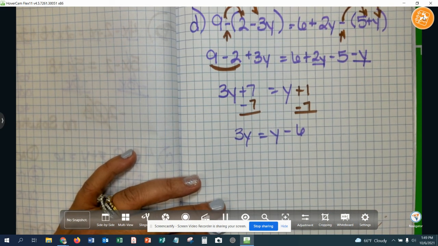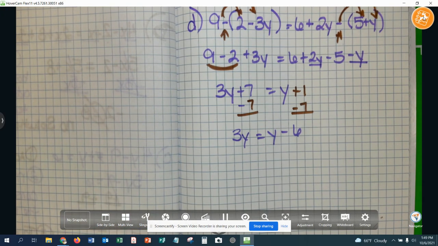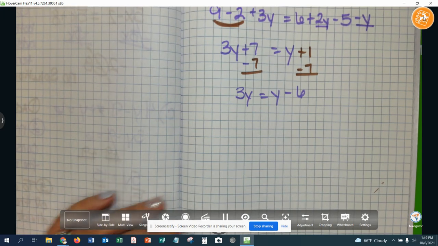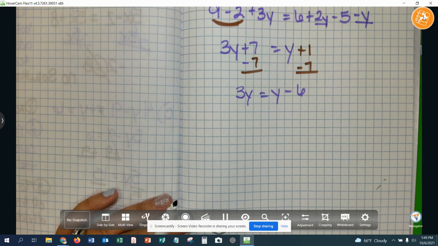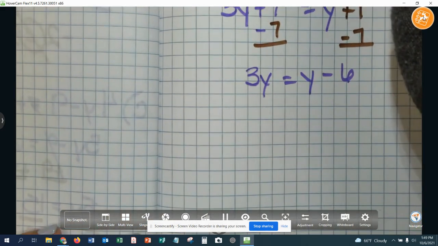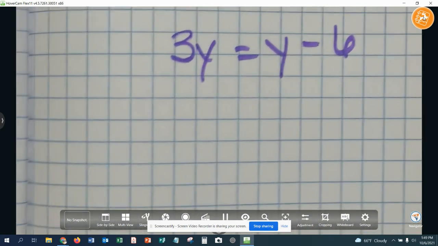Now I'm doing the other one. And Jose, what am I going to do now? You can do this. What needs to be on the other side of the equal sign? Torres, stop it. Put your hand down. Jose is answering our question.